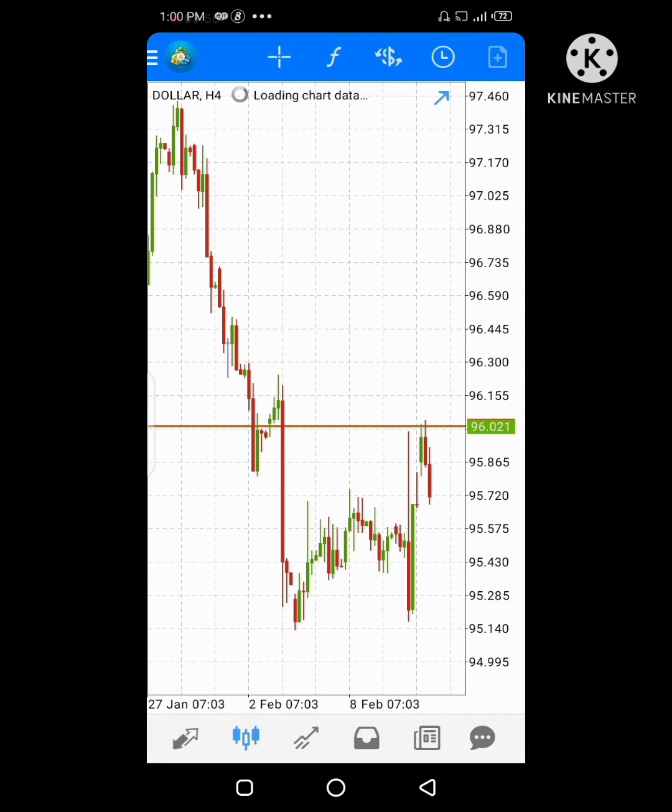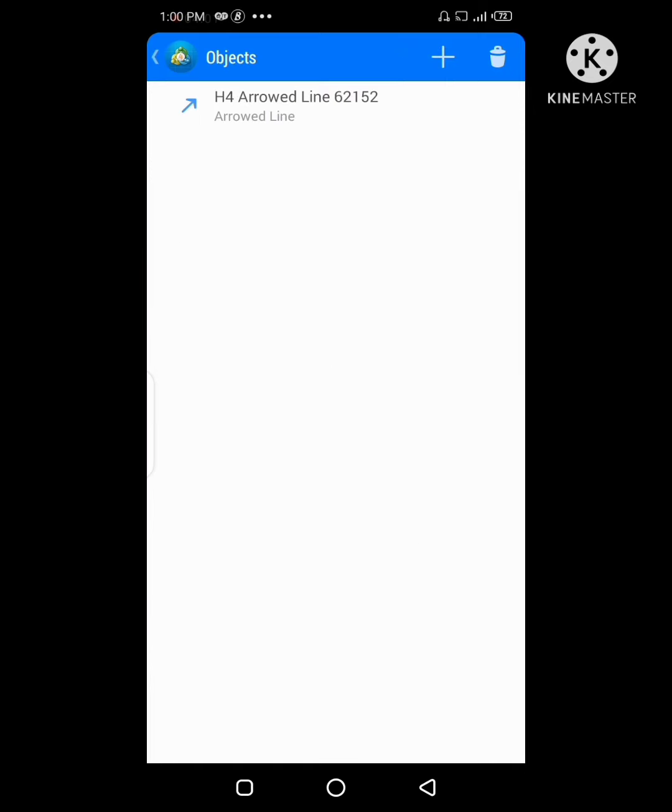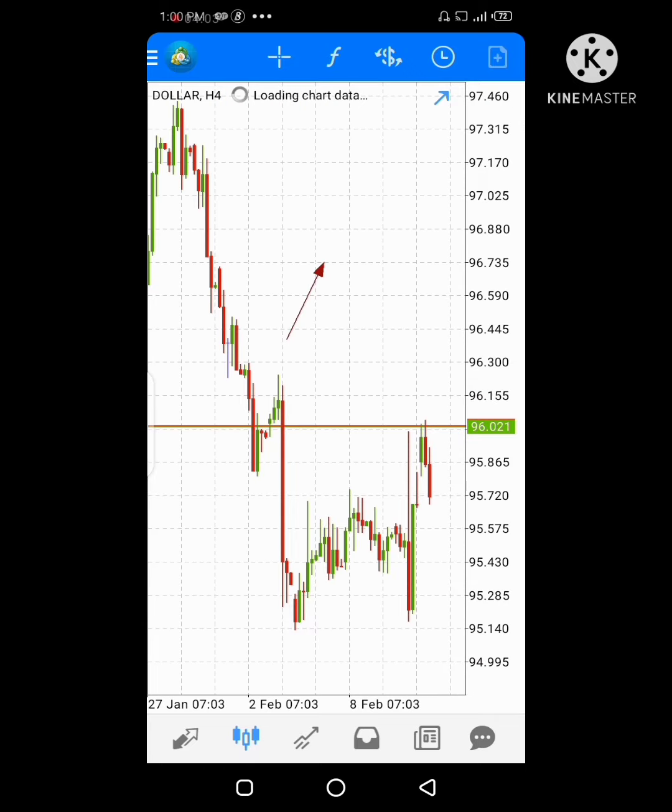So in an uptrend, price moves up, makes a high. I'm not going to do long description.